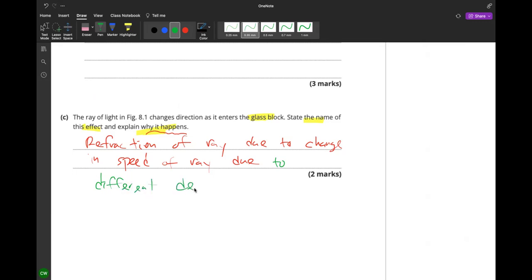Density of the medium. So basically, the refraction is due to the change in speed. So it bends either towards the normal or away from the normal, because the density is different. They have different densities. Any problem? Okay, very easy, this topic.